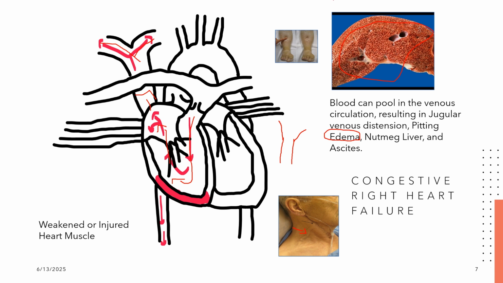And in case you didn't know, a grated nutmeg will look something like this. I obviously am not that great of a drawer, but it'll share some patterns where there'd be white spots and then dark spots, which is kind of like this.